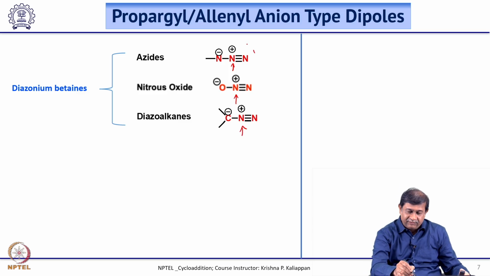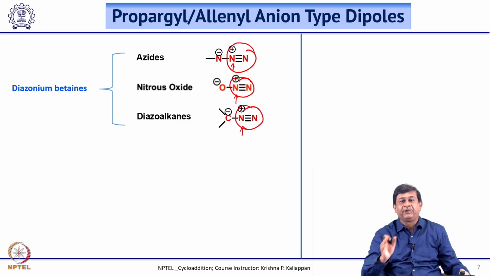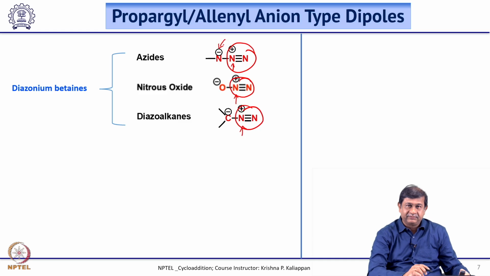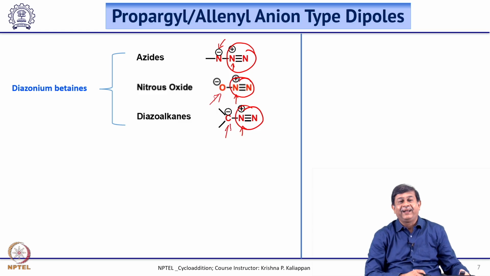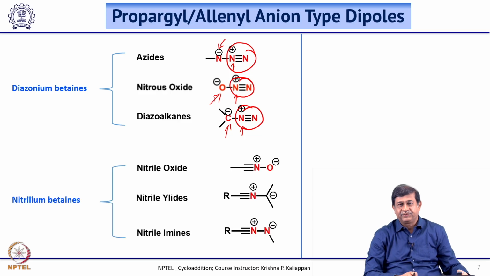And more importantly, if you look at this, the whole thing is N triple bond N. Okay. And the only other atom you can change. If it is nitrogen, this is called azide. If it is oxygen, it is called nitrous oxide. If it is carbon, this is called diazoalkanes. Okay. You keep nitrogen and then attach with nitrogen, oxygen and carbon. So, there are three types of propargyl type dipoles.